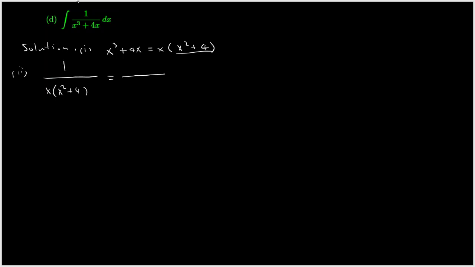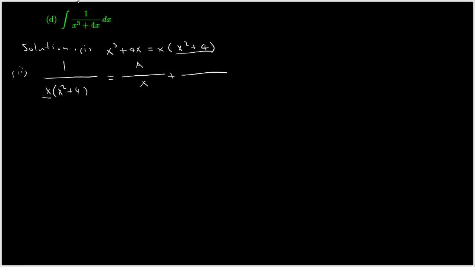How many terms are there in the form of partial fraction decomposition? Two terms again, right? You have a linear factor, single underlined. Corresponding to a linear factor x, you have A over x.